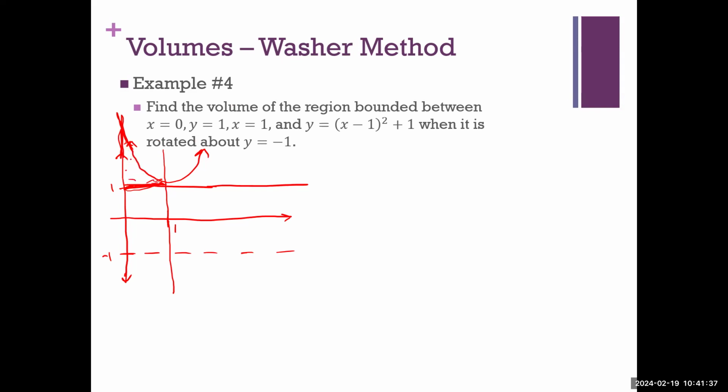Now that we've done a bunch of these, it's a good time to talk about what are all the different questions we have to answer to set up the integral we want to set up. So what are all the different choices we have to make?